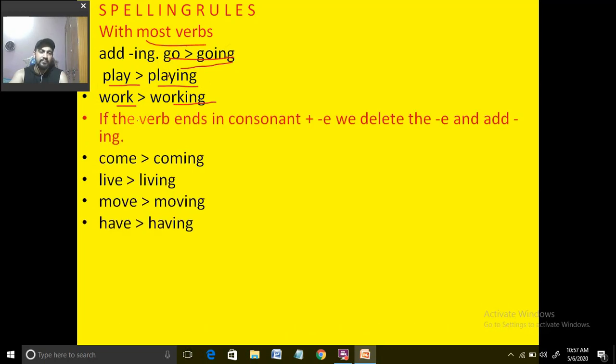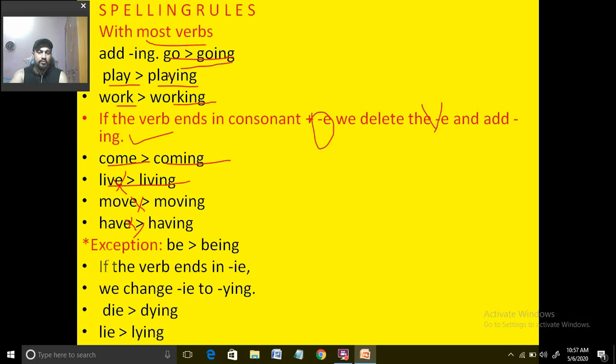But if the verb ends in a consonant followed by e at the end, we delete the e, and the rest comes out as the main verb. Come, coming; live, living. The e gets deleted.